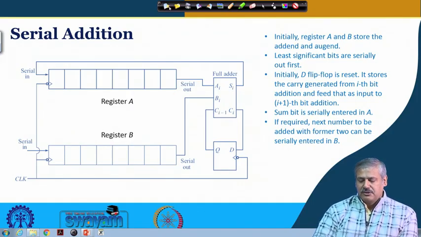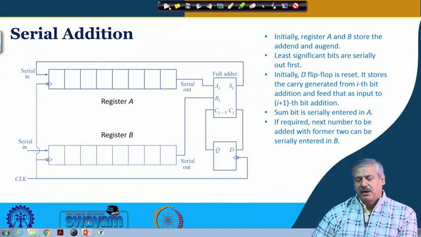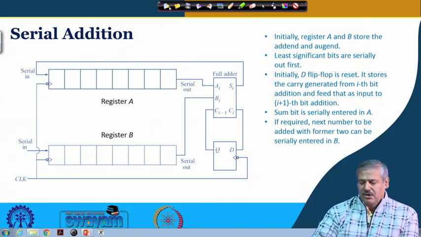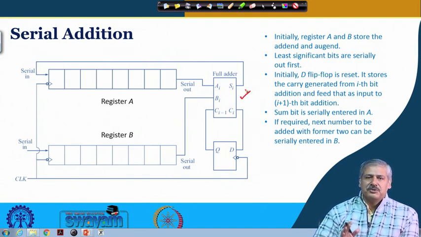If we are talking about 8-bit addition in the combinatorial logic context, we have seen that 8 adder units are required. Here we are using only one adder unit, the one that you see here, and we are using it successively.